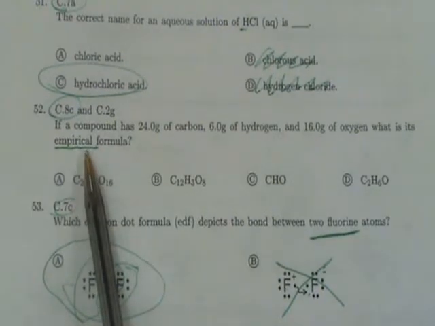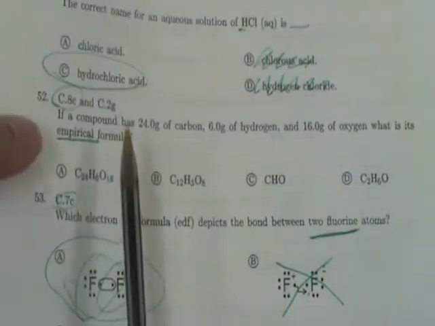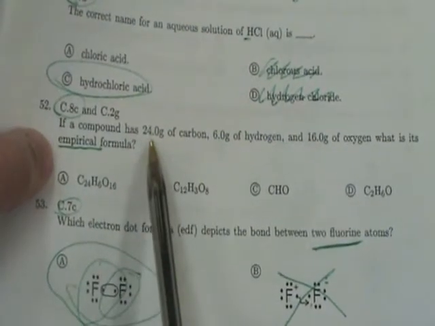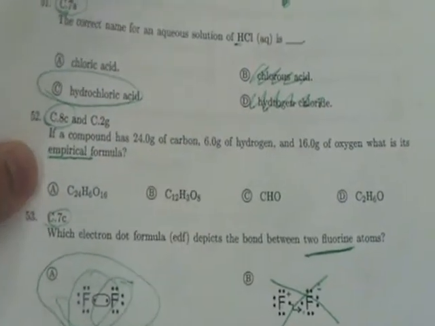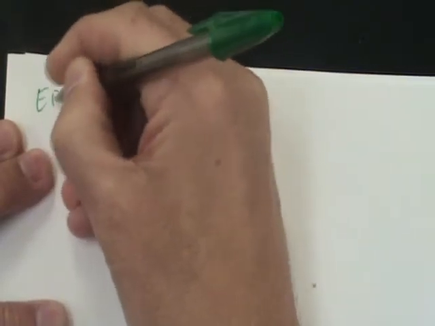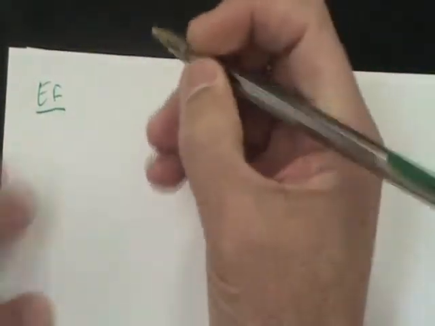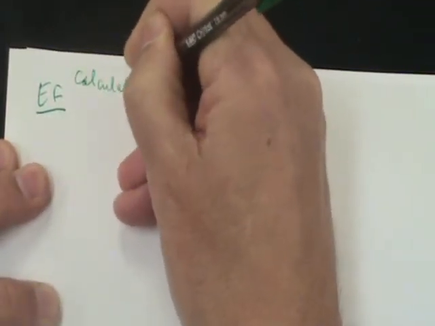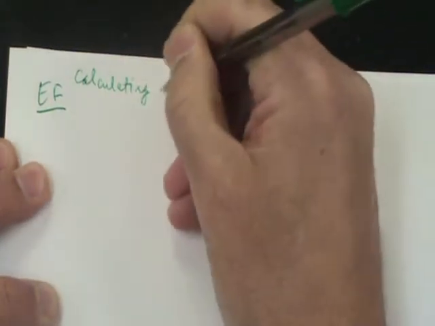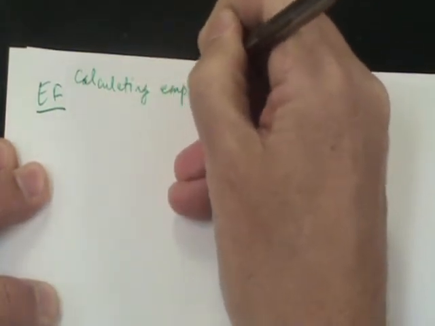Okay, so in order to get this answer, let's look again at what's given. So we got 24 grams of carbon. Let me write it down here. I'm going to use EF for empirical formula, and we're calculating empirical formula.